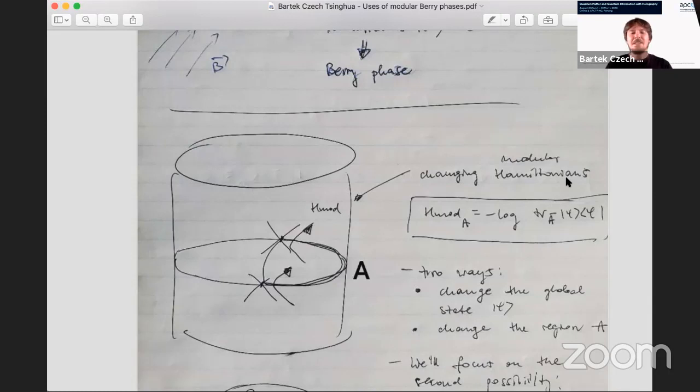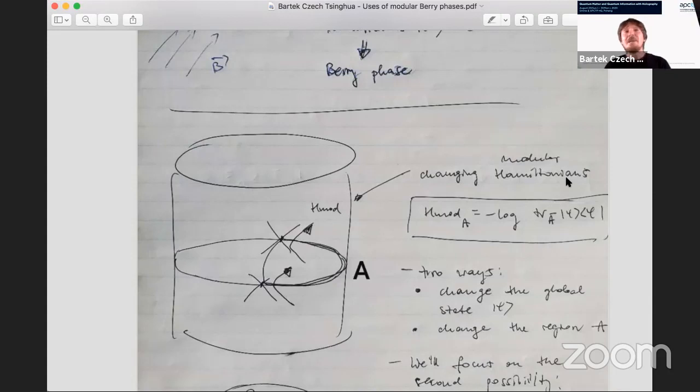Now, if we just take literally Berry's discussion and carbon copy it to the AdS/CFT context, it doesn't buy us all that much. So it turns out that we have to take Berry's discussion and upgrade it a little to fully harness the power of varying modular Hamiltonians in the AdS/CFT context.